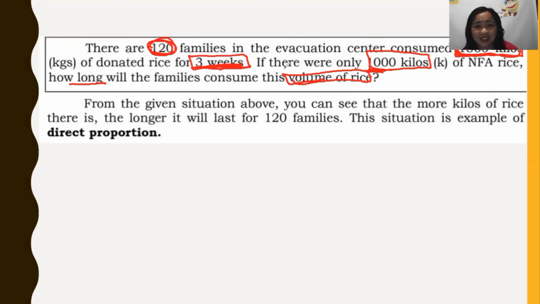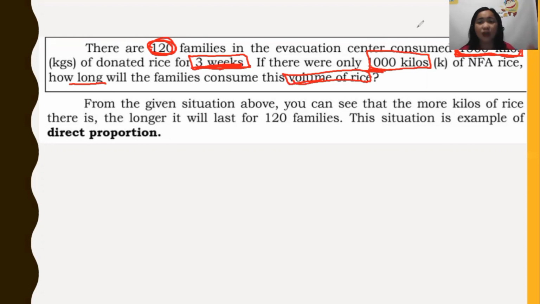Dito sa ating tanong dito, kung meron daw na 1,000 kilograms, anong nangyayari? Bumaba yung timbang ng bigas. Kumbaga, umunti yung bigas. Kung 1,000 lamang daw yung bigas na kakainin nila, gaano katagal nila ito mauubos?